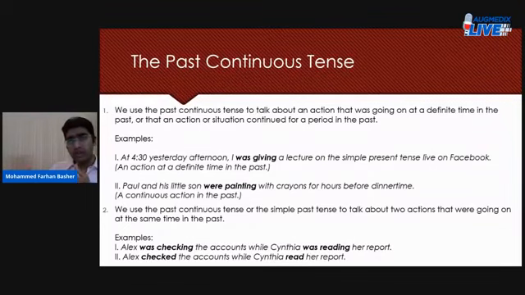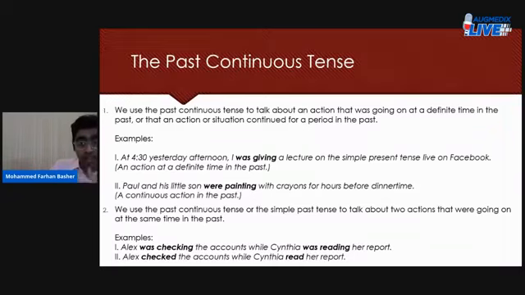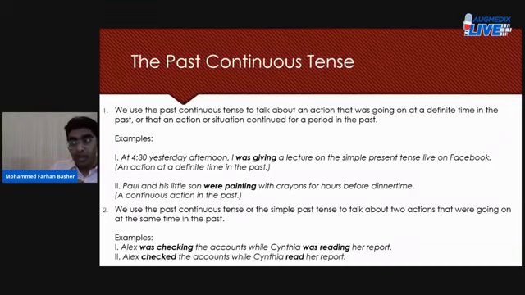You also want to tell what was happening until another time, until a following event took place. So to talk of such actions, you can use the past continuous tense. So you say, Paul and his little son were painting with crayons for hours before dinner time, right?